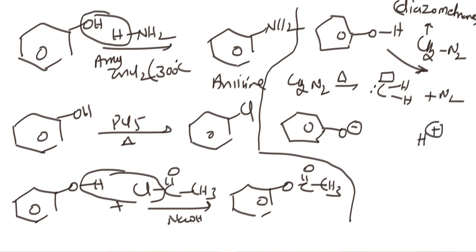Acidic nature, O minus H plus, you are getting. This is CH2 carbene, having one empty box, one lone pair. The lone pair is connected to H plus, the empty box is connected to phenolic O minus. Then this is ring O CH3.